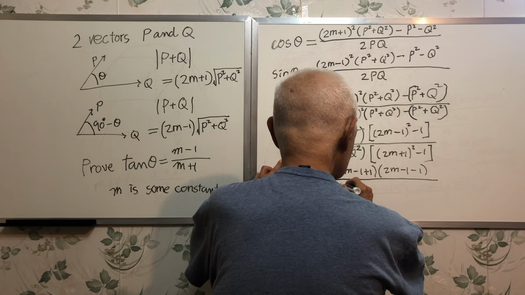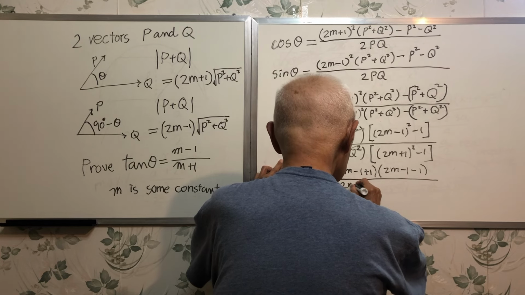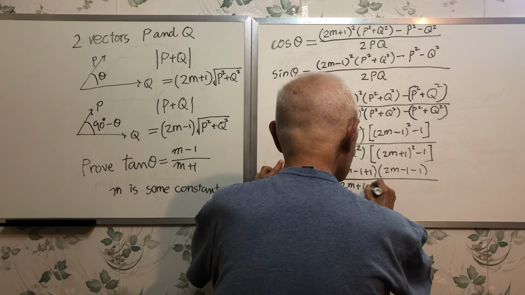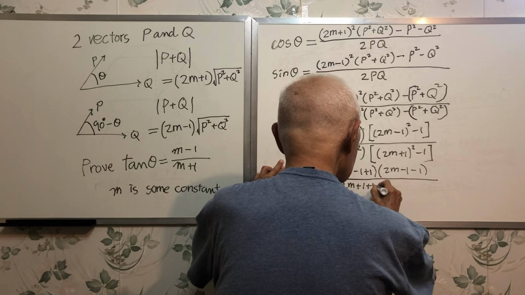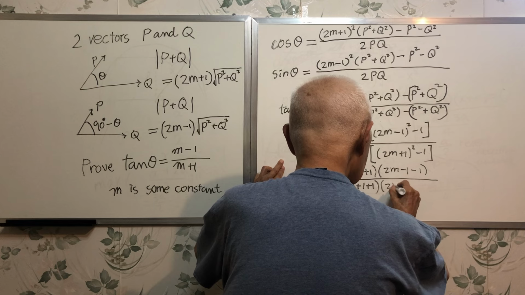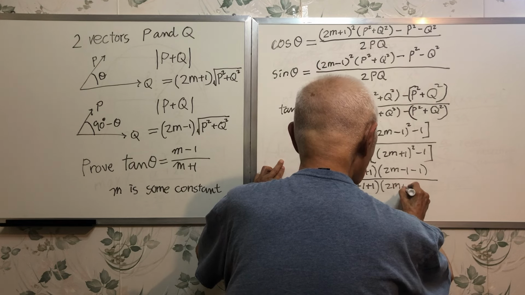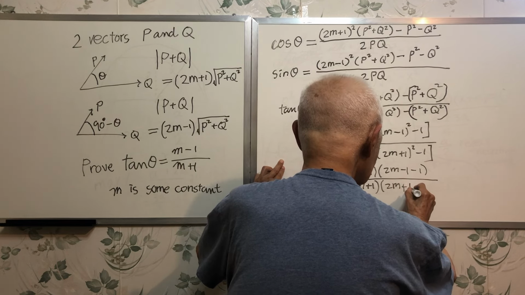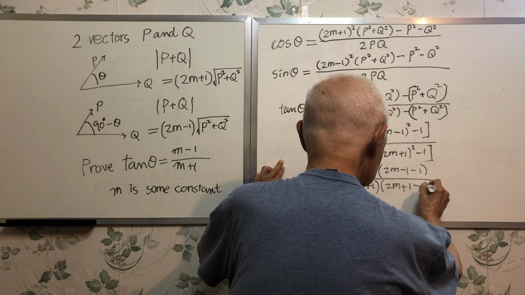I have 2m plus 1 plus 1. I have 2m plus 1 minus 1.